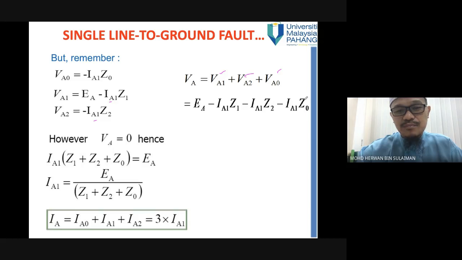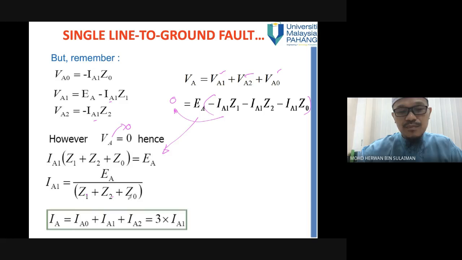And then we know already that VA is 0 since the fault happened at phase A. So you rearrange this equation, so you get this equation. Bring all these things to here, because this one is 0. And then IA1 you factorize it. So finally you get IA1 equals EA divided by Z1 plus Z2 plus Z0.